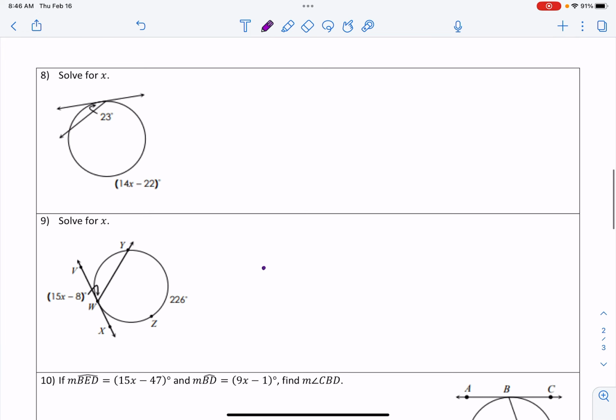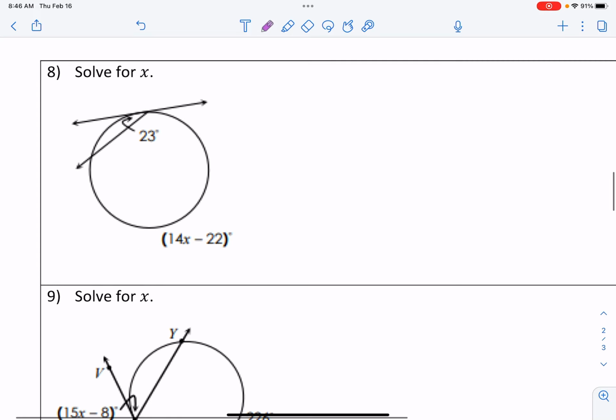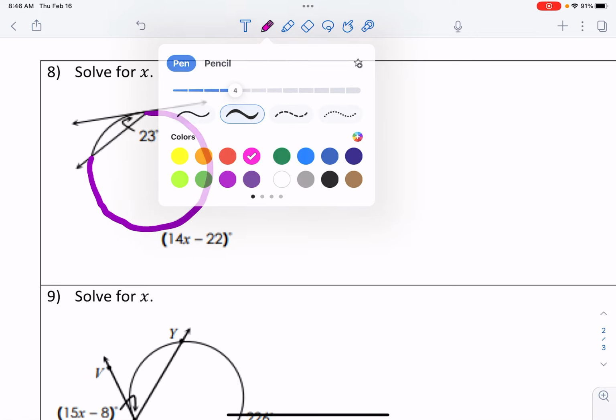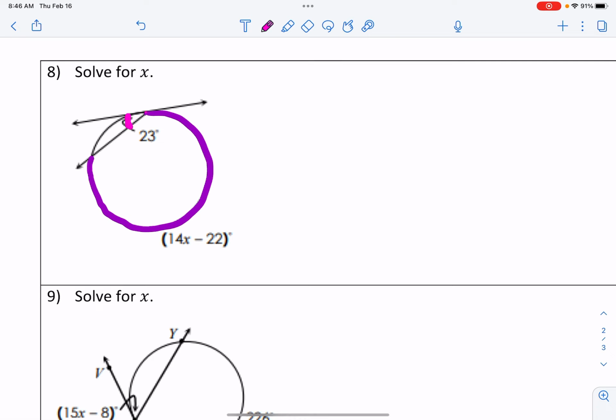3 more problems. Okay? So it says solve for x, okay? Solving for x, you're looking at this arc, okay? And so what I want to do is simply find, if I can start with 23, the measurement of this arc, which is the intercepted arc of 23, by simply multiplying 23 times 2.